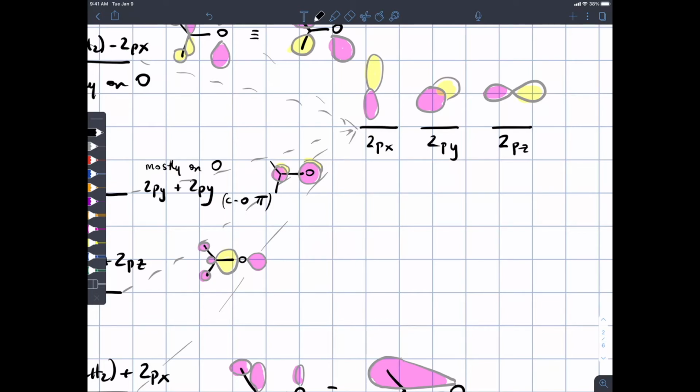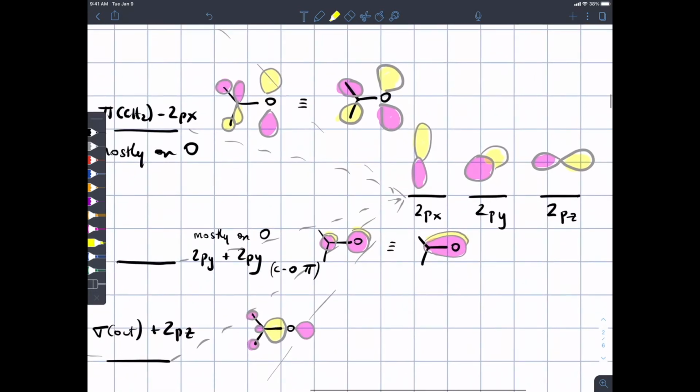And again, to just demonstrate what that might actually look like if we did the calculation, we'd expect to see a larger lobe on the oxygen. We'd expect to see some bias towards the oxygen because the oxygen 2py is lower in energy than the carbon 2py.